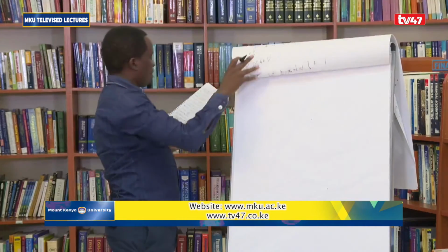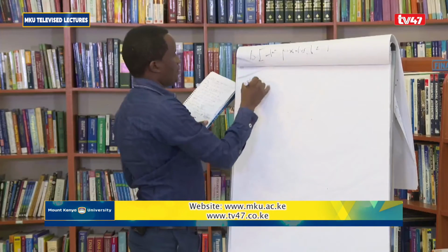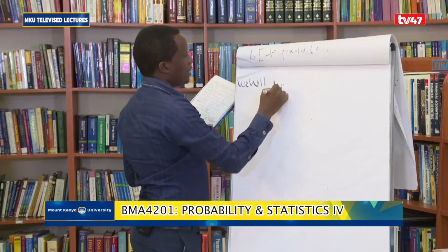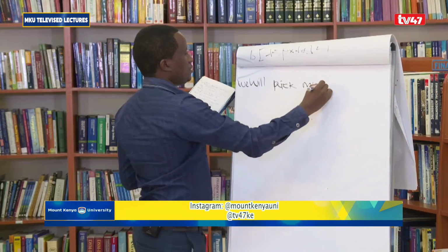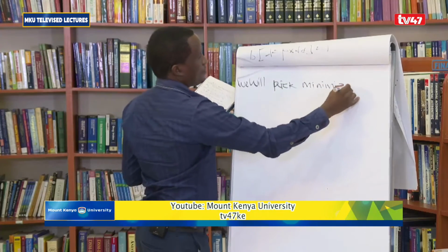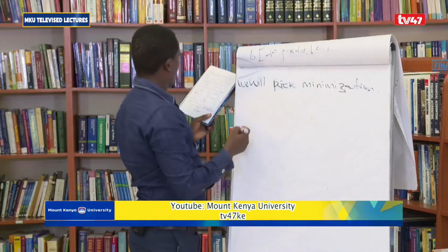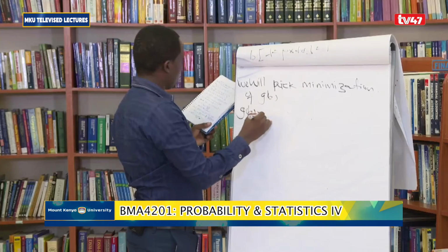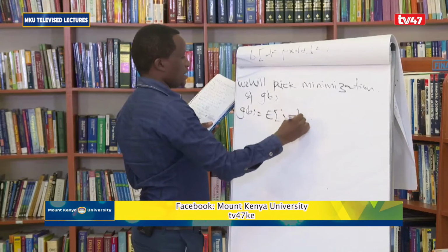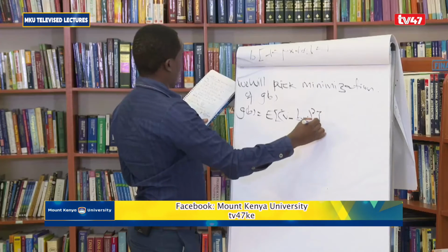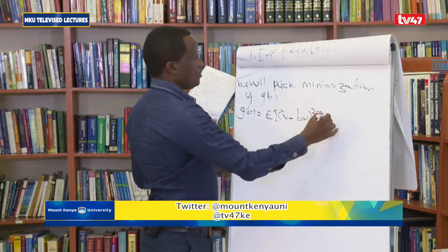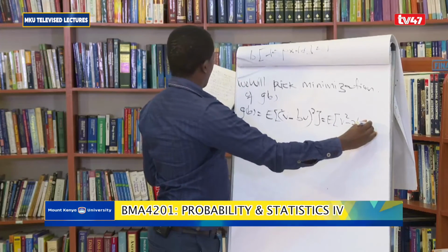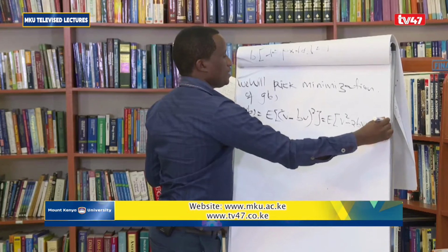We will pick the minimization of the function g of b, so that if g of b is equal to expected of (v minus bu) squared, if we open the square part, then we have expected of v squared minus 2bvu plus b squared u squared.